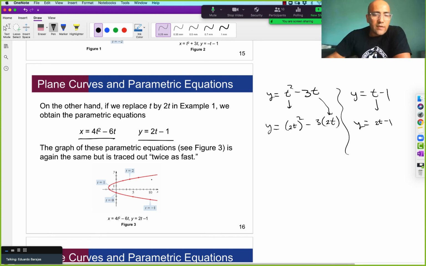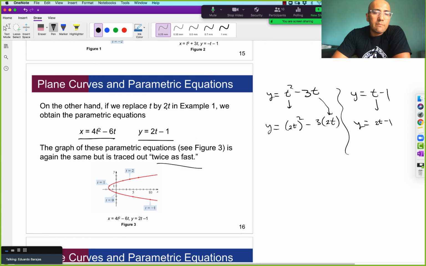Notice that, in fact, we get, again, the exact same shape. The graph hasn't changed. But what happens is we trace through it faster. The graph of these parametric equations is, again, the same, but traced out twice as fast. So that's what happens when you replace t by 2t.